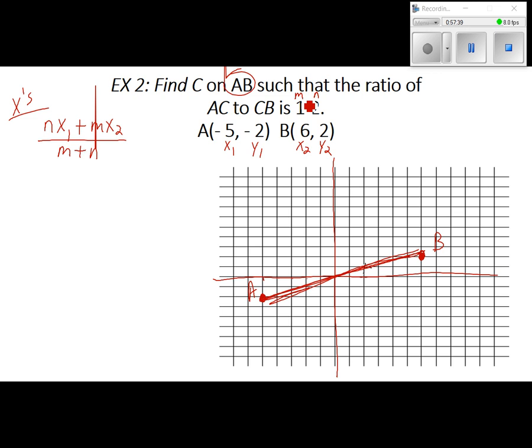So tell me how to write out this formula here. What is it? 2 times, what's x1? -5. -5 plus 1 times 2. Everybody agree with all that? Yes, no, maybe? Why is it y2? Should be 6. Yeah. So that should be a 6.